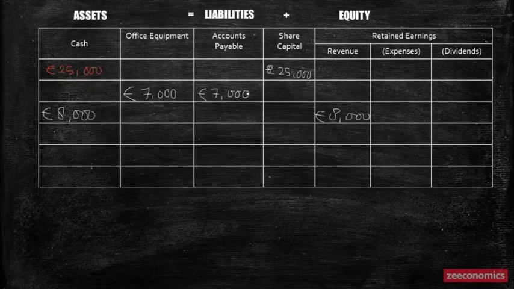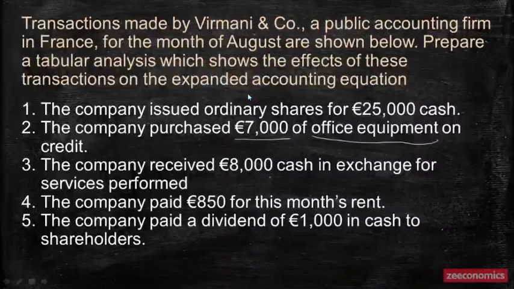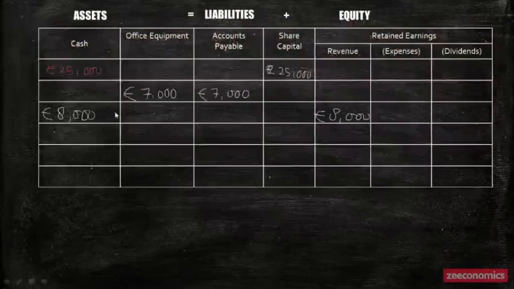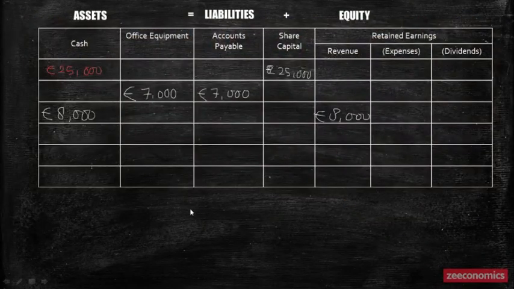Okay, proceed to transaction number 4. The company paid 850 euro for this month's rent. This is very clearly an expense. It is stated as this month's rent, meaning that every month the company pays 850 euro for the rent, because they still rent the office. So in this case, the transaction will cause a decrease in cash. How much? 850 euro.